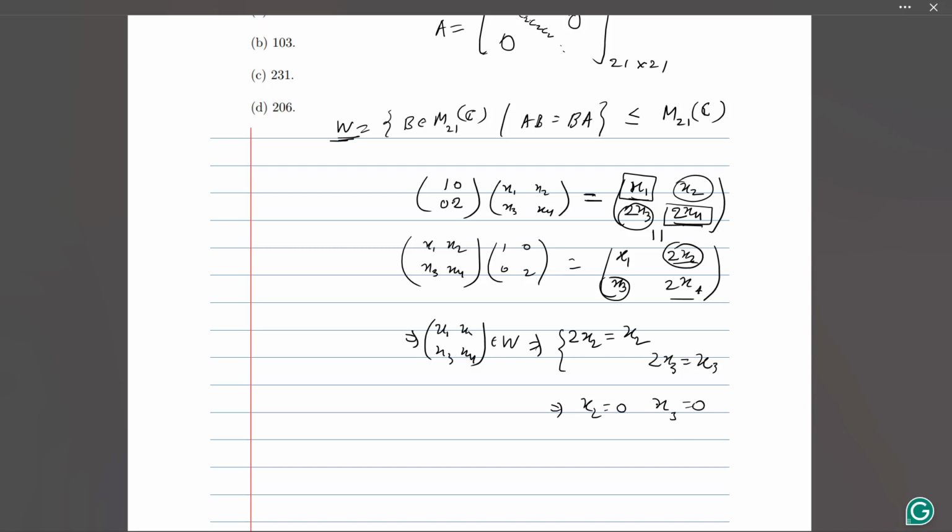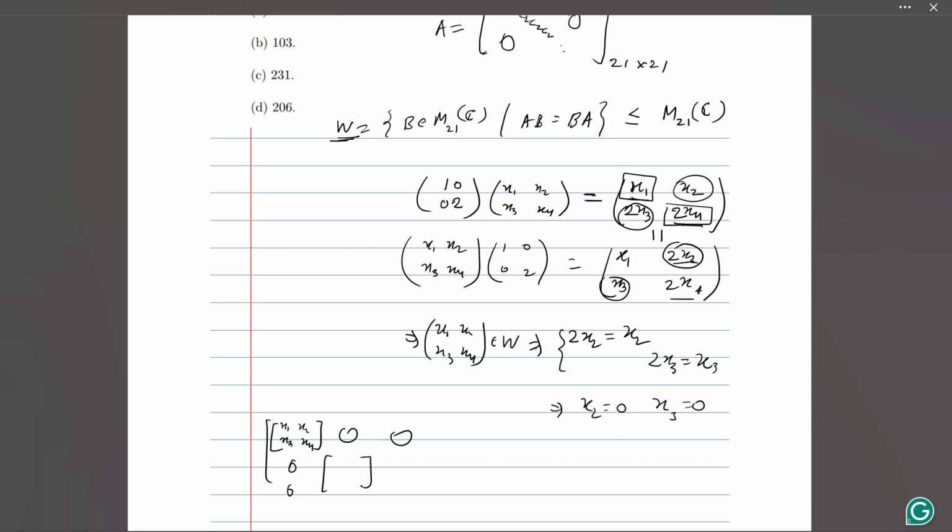If you write a 21 cross 21 matrix, then this condition says that the first block, which is x1, x2, a 2 cross 2 block, x3, x4, is the same if you multiply from left or right, but other entries in this block are 0.